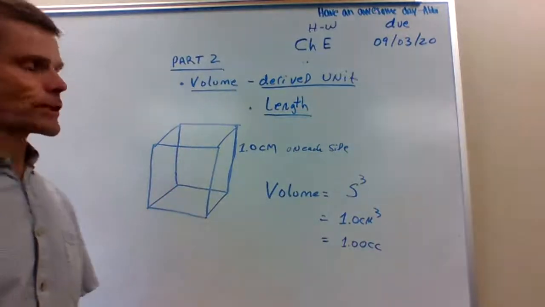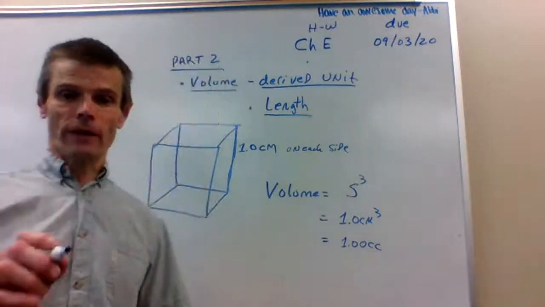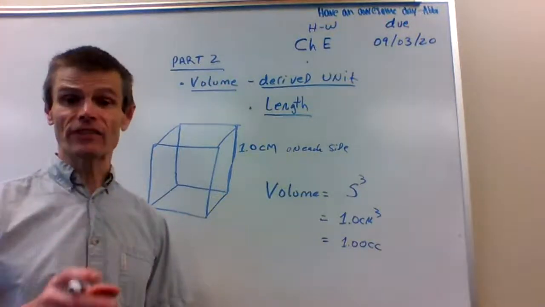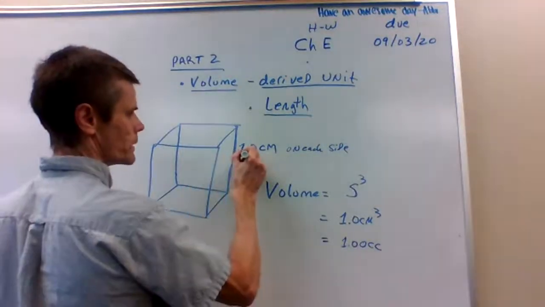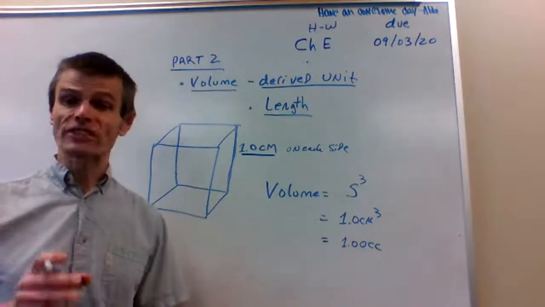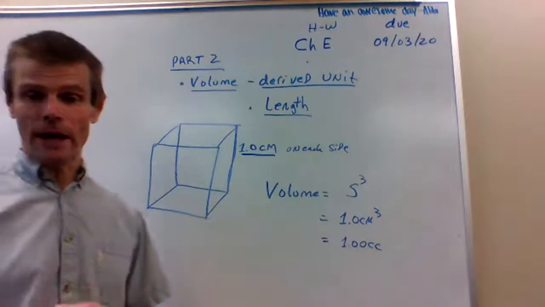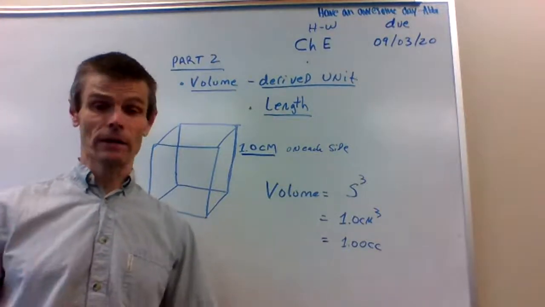Now, let's consider a cube. A cube is a geometric shape that has all sides the exact same length. What if we had a cube, and this cube had a length on each side of 1 centimeter? The volume is defined as the side times side times side, or the length of each side cubed.